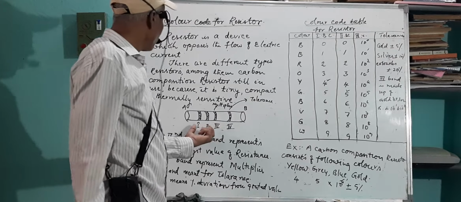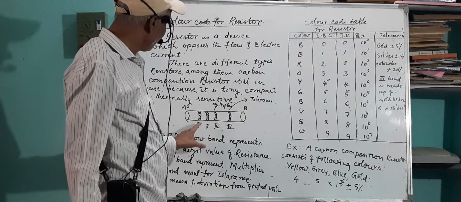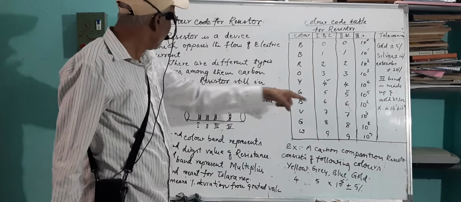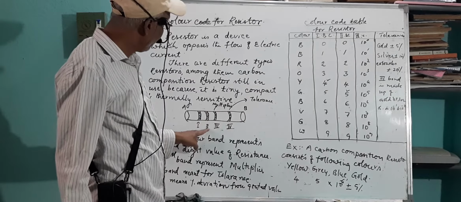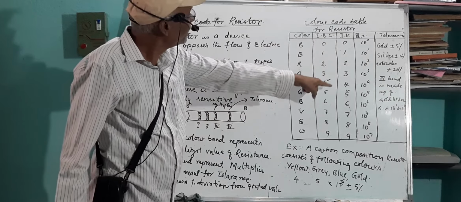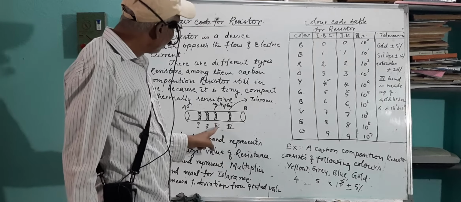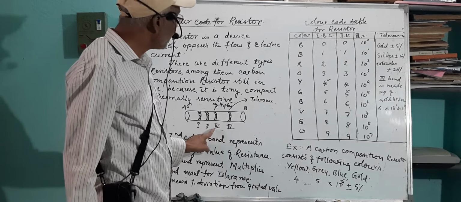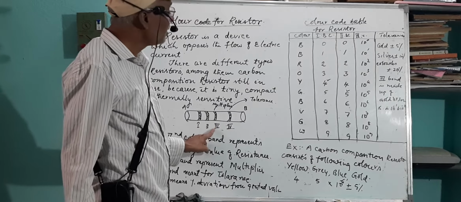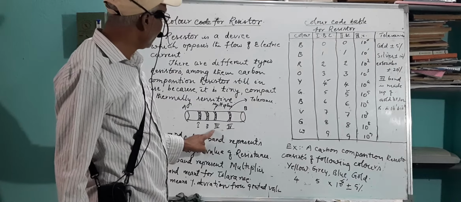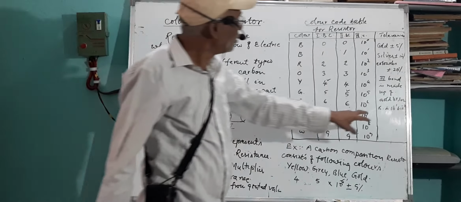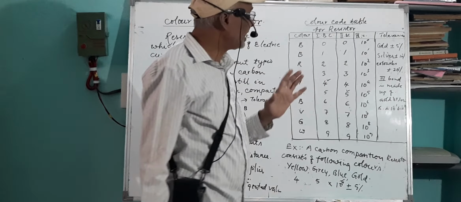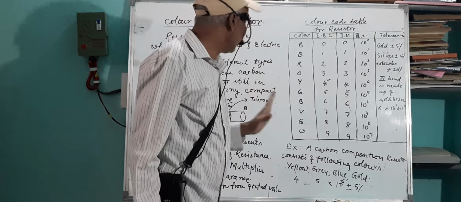As usual you have to proceed: the first color band you find with the help of this color code table, the second color band also with the help of this color code table. And in the third band, if it is made up of gold, the multiplier is 10 to the power minus 1. That means the resistance value will be less than 10 ohm.